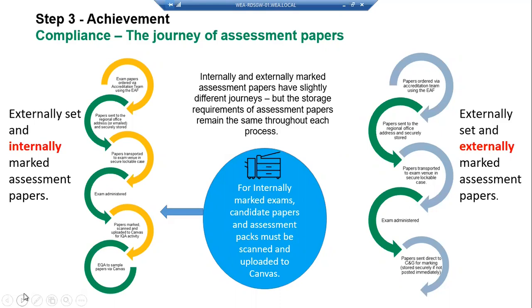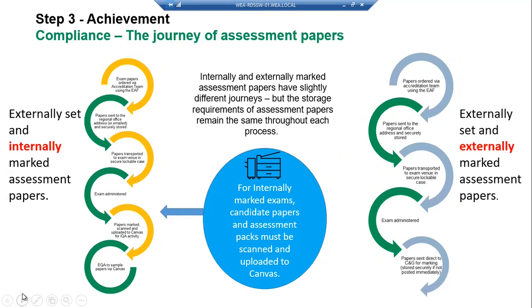So internally marked ones, after the exam, the papers are marked and scanned up to Canvas by the tutor or the ESA or whoever's in charge of that scanning. And then they'll be available for sampling. Internally and externally marked assessment papers have slightly different journeys, so that'll be something to read through a little later to get that clear.